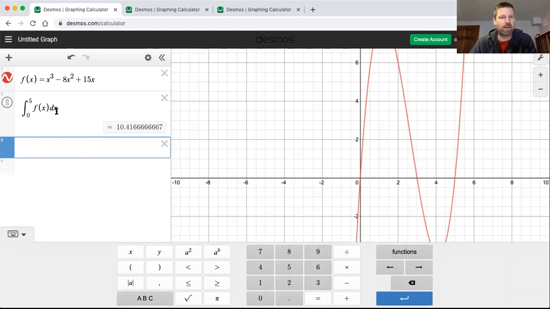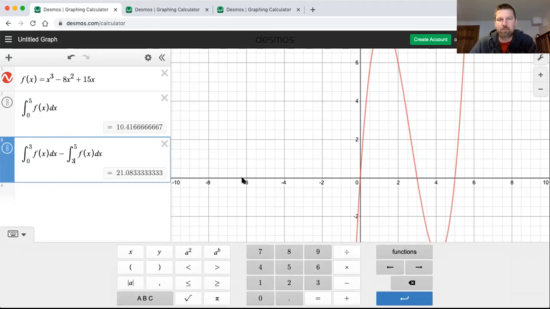I'll say I want to find the integral from 0 to 3 of f of x dx. And then I know that's negative, so I would probably just say minus the integral from 3 to 5, right? Because minus and negative is positive. Hey, look at that, 21.08. Definitely bigger than that because it's now counting that as a positive value.